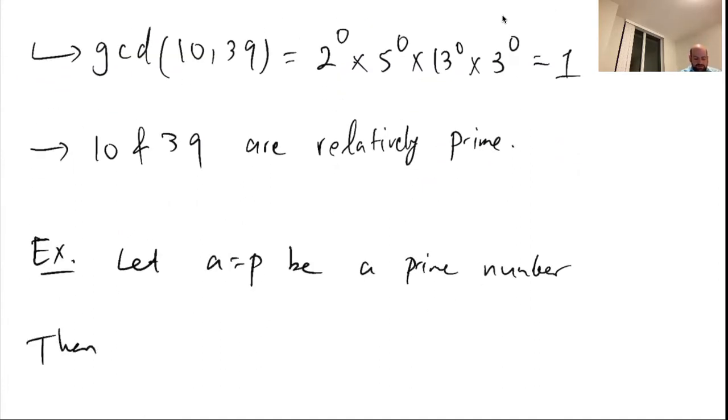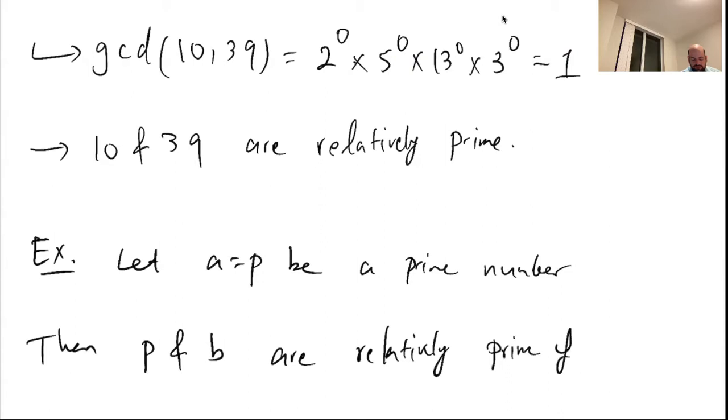Then P and B are relatively prime if P does not divide B. So if P is not a factor of B, then P and B are relatively prime. So if the number is not prime, that's not necessarily the case.